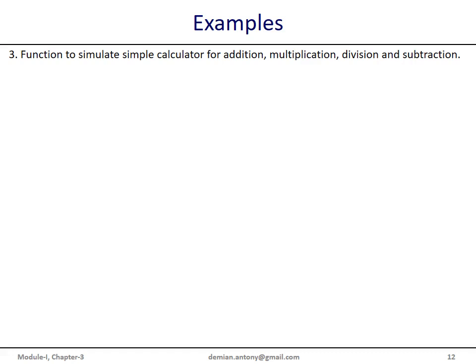And we define a main program. We read two numbers from the user, and also we read the operator, that is a character, and we make a call to a function calculator by supplying operand 1, operand 2, and the operator, and we get the result which may be displayed on the screen.